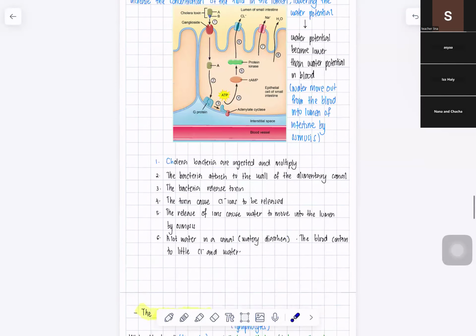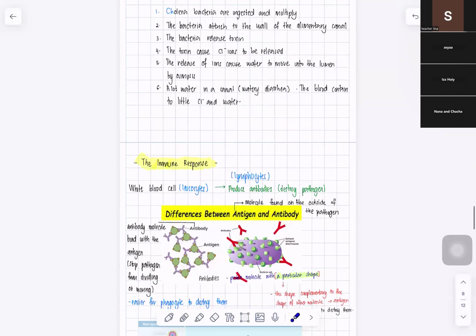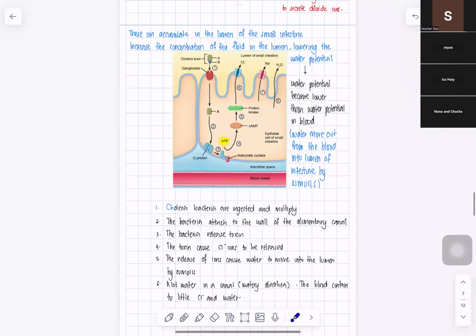Before teacher goes to the next topic, which is immune response, any question regarding the diarrhea? No. No questions.